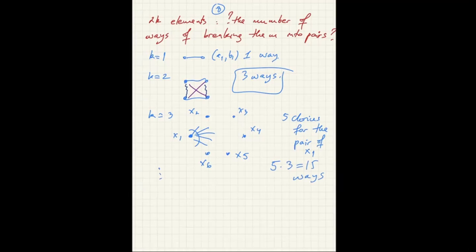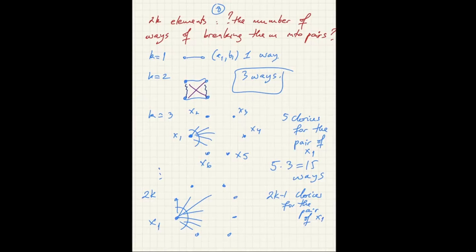Similarly, this works for any k. In general, if you have 2k elements and you pick one element, x1, you're going to have 2k minus 1 choices for the pair of x1. Then you're left with 2k minus 2 elements, and you can use induction to figure out the number of pairings of that.